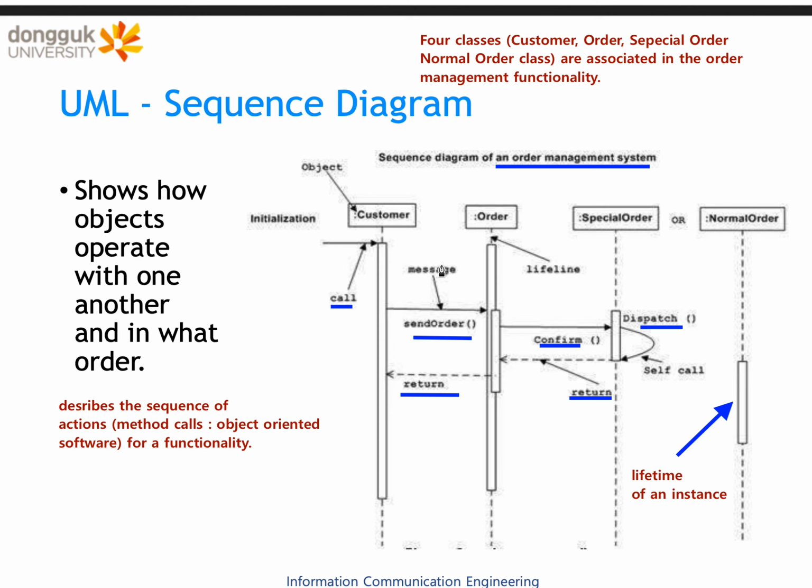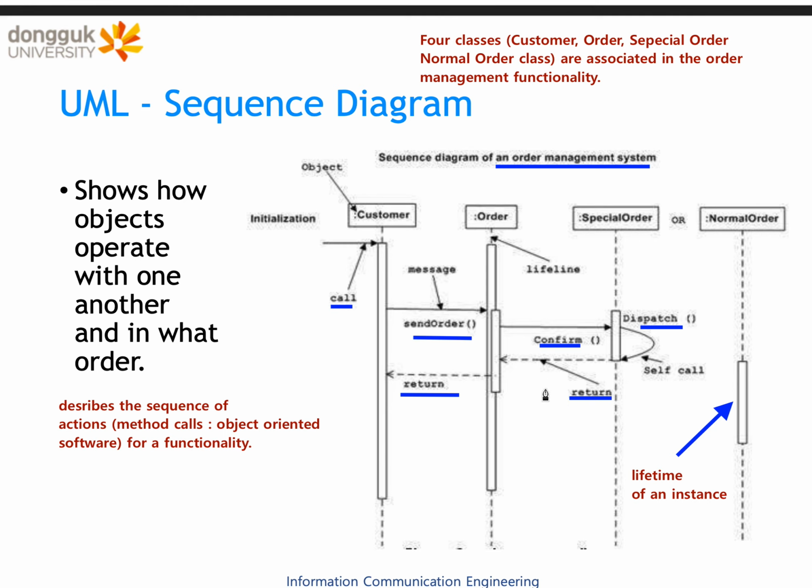In this case, the customer class invokes the order class's send order method, and next, the order class will invoke the confirm method of the special order class. The special order class doesn't invoke any other classes, but it will invoke another method called dispatch.